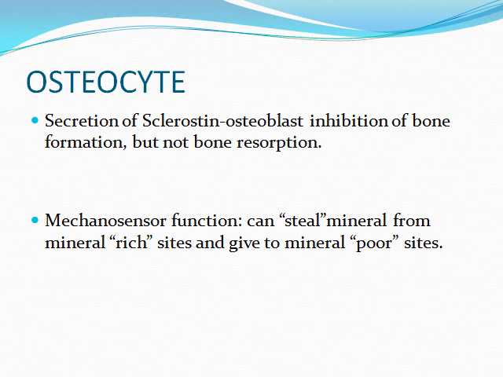So with a lot of sclerostin being released, bone formation will be inhibited, but resorption of bone can continue. And this can happen with loss of physical activity. The mechanosensor function can actually steal mineral from mineral-rich sites in bone and give it to the mineral-poor sites to strengthen the weaker areas when needed.